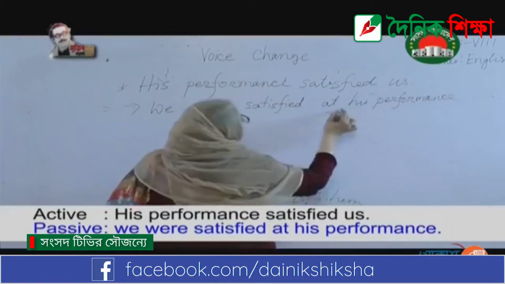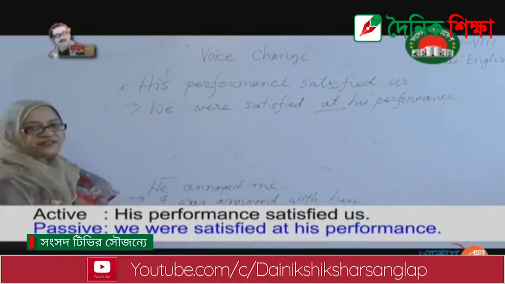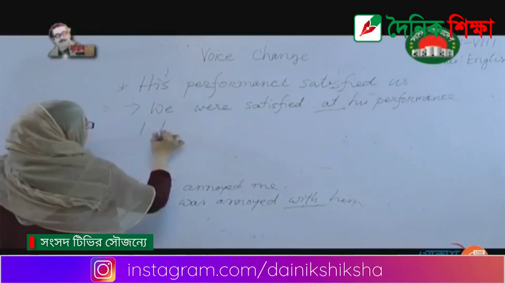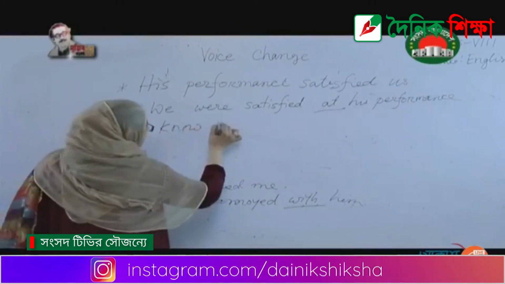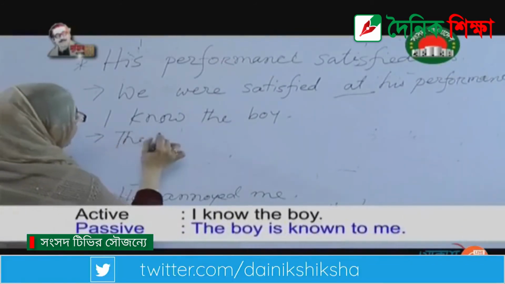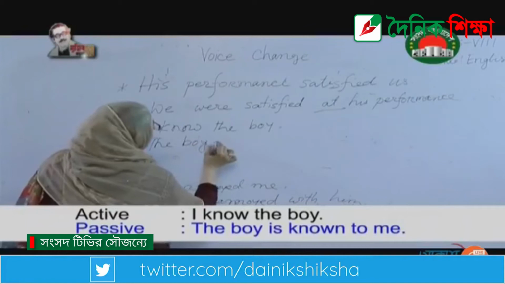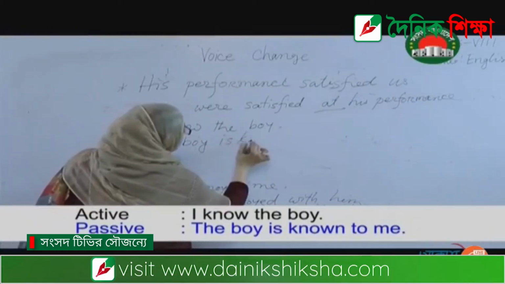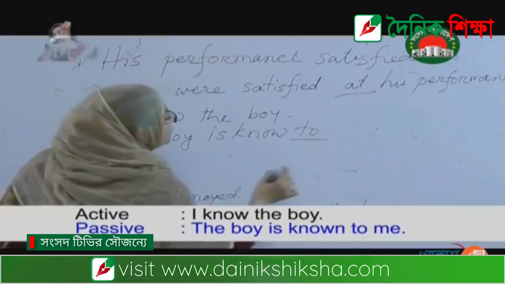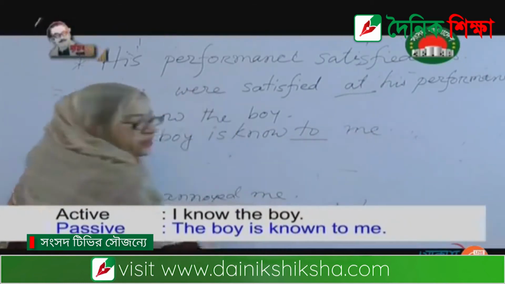Here we see we use at instead of by. I know the boy. So we turn it into passive by using the boy is known to me, using to. The boy is known to me. Is it clear to you?